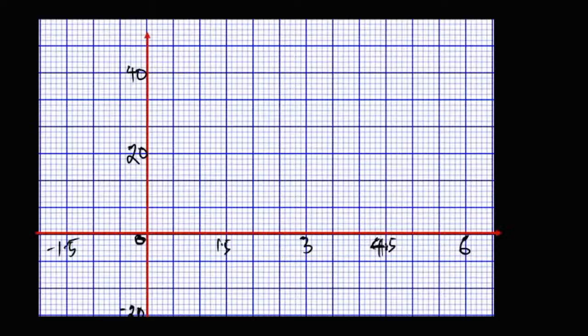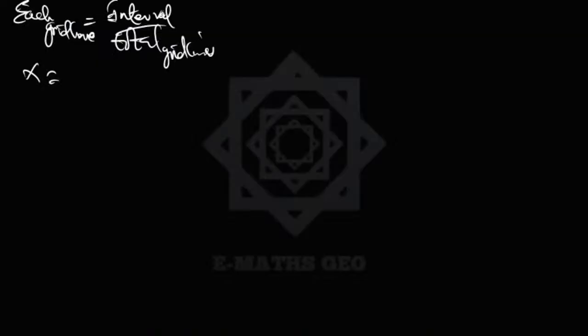So for x, we are moving at an interval of 1.5, and the total grid lines for that is 5 times 15, so 1.5 over 15. That's 1/10, so each grid line is 0.1 for x.